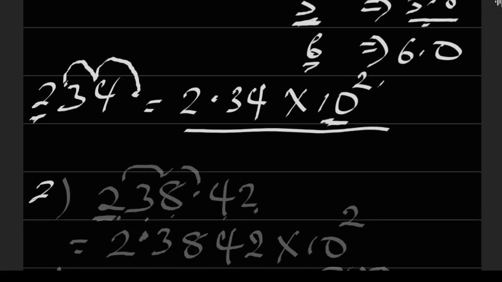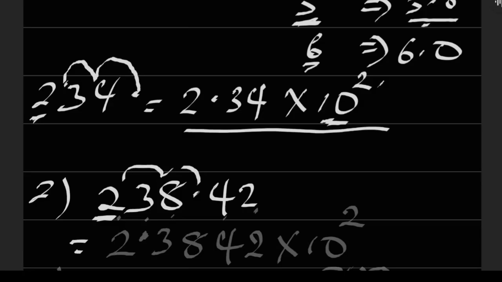Example 2. Express the number 238.42 in standard form. For this question, we can see the decimal. The decimal is already there. So we must move the decimal to fall before the first significant figure, where the first significant figure is here, 2. How many times will it move? 2 times.